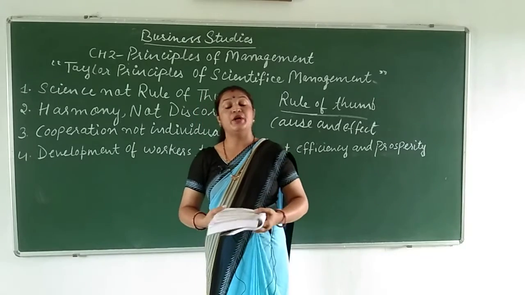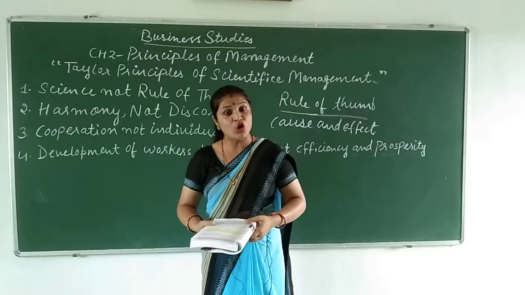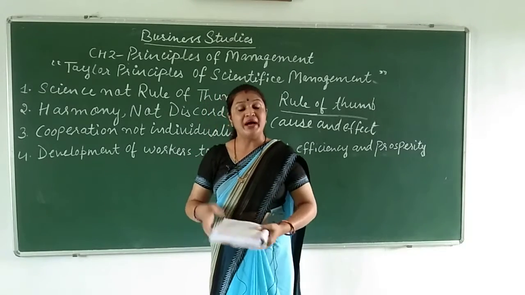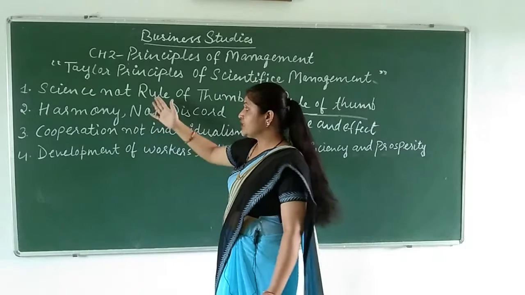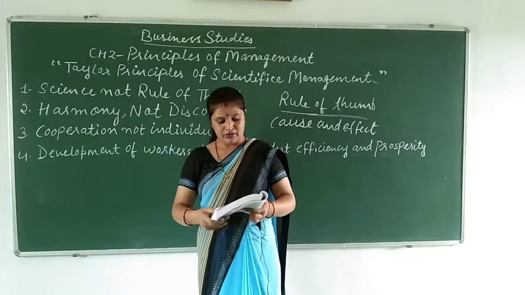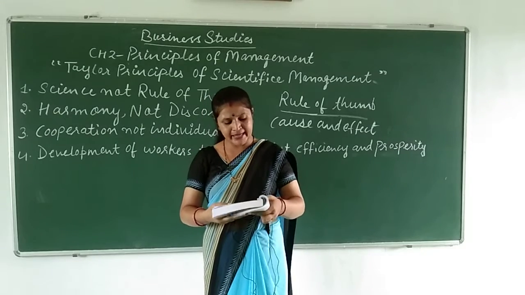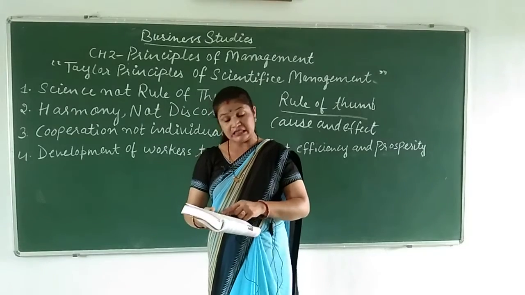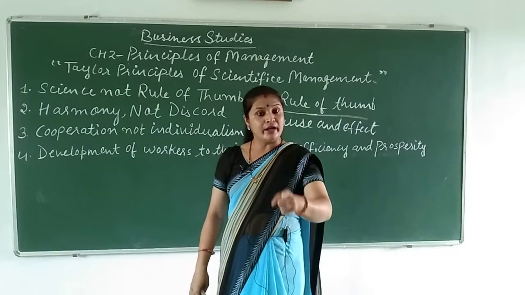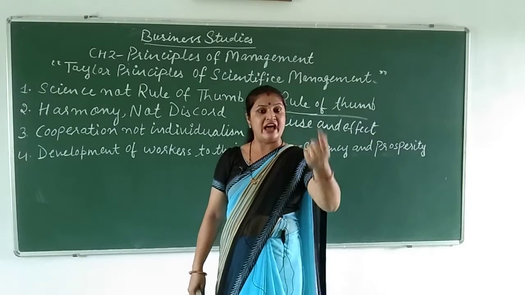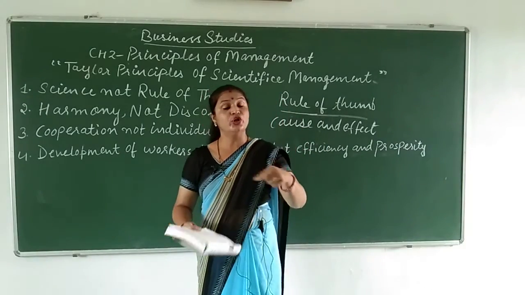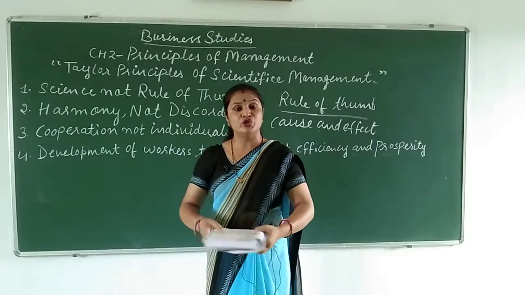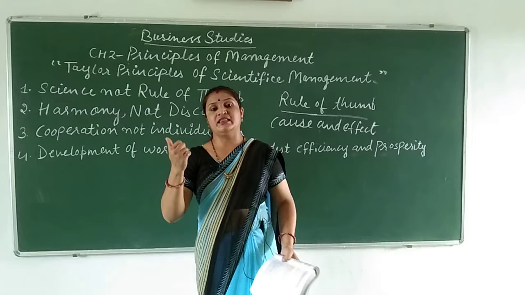It will also increase the efficiency of the organization. There are many benefits of using scientific methods. Taylor believed that there is only one best method to maximize efficiency. If the organization wants to maximize its efficiency, it should develop this method and follow scientific methods.